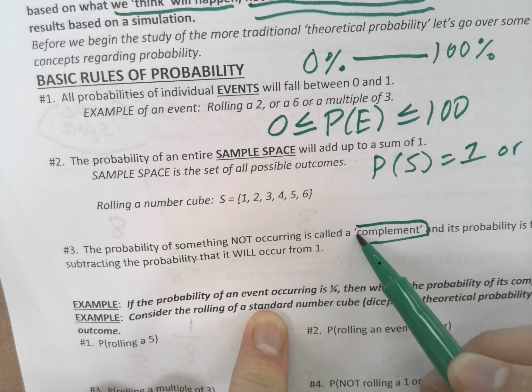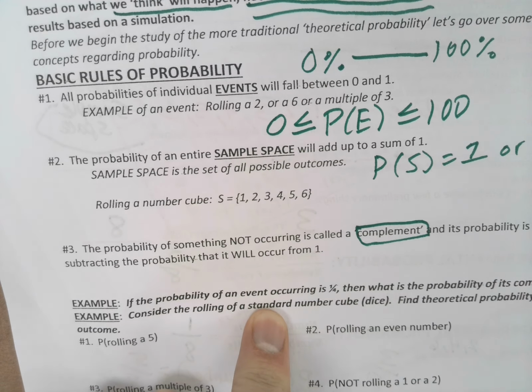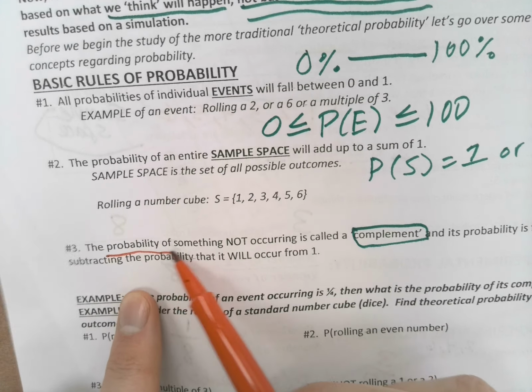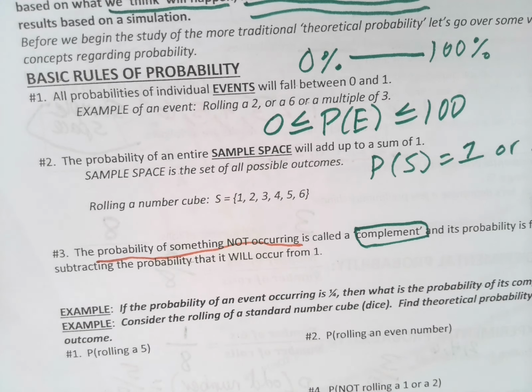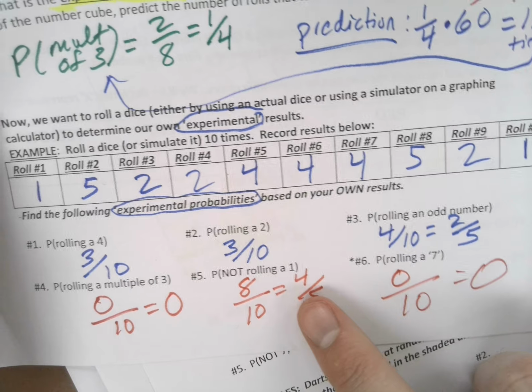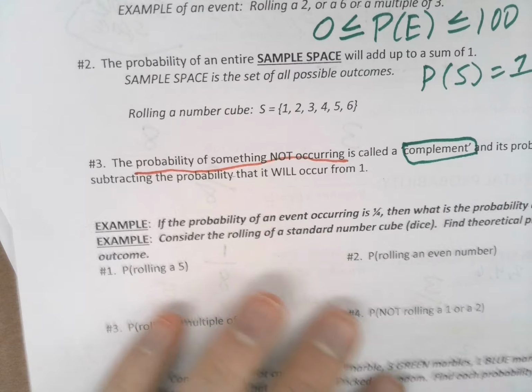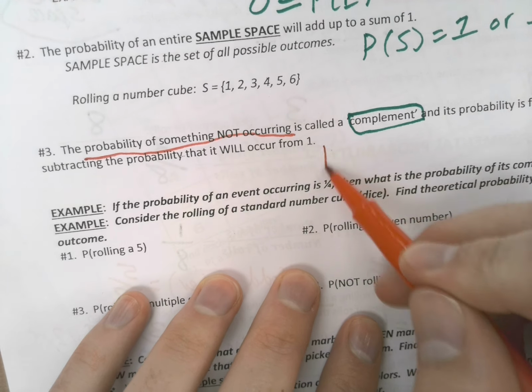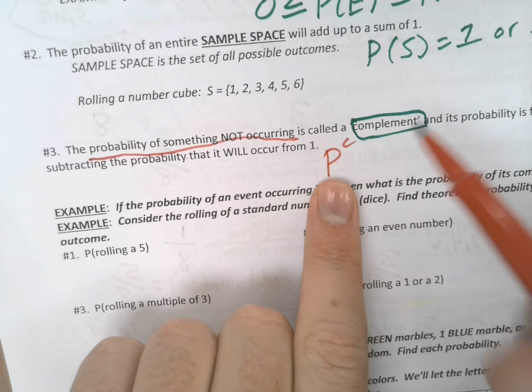Now, there's something called a complement. This is where things can get a little tricky. This is the probability of something not happening. So, for example, maybe the probability that we don't roll a 1, kind of like what we did on number 5 on the previous page. We represent this with a P and a lowercase c.